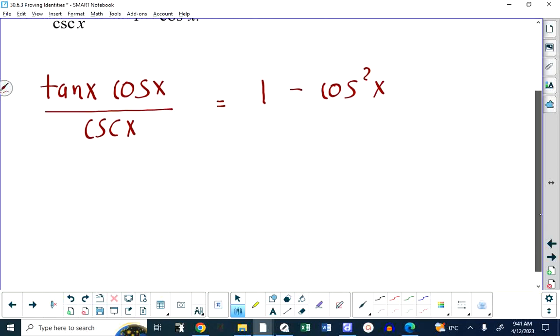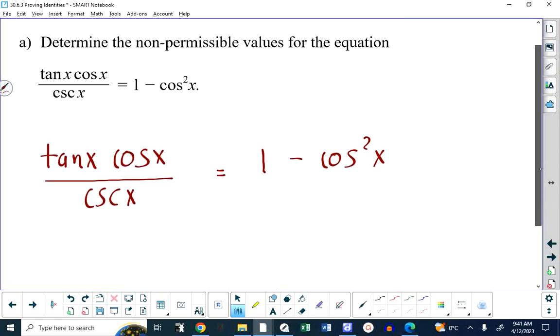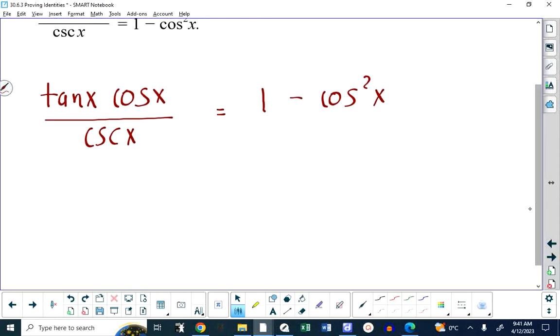So I would also recommend when you're talking about non-permissible values that it's much easier to think about what's allowed and what's not allowed when you're dealing with sines and cosines, but not cosecants and not cotangents and not tangents and not secants. In other words, I'm going to write everything in terms of sines and cosines.